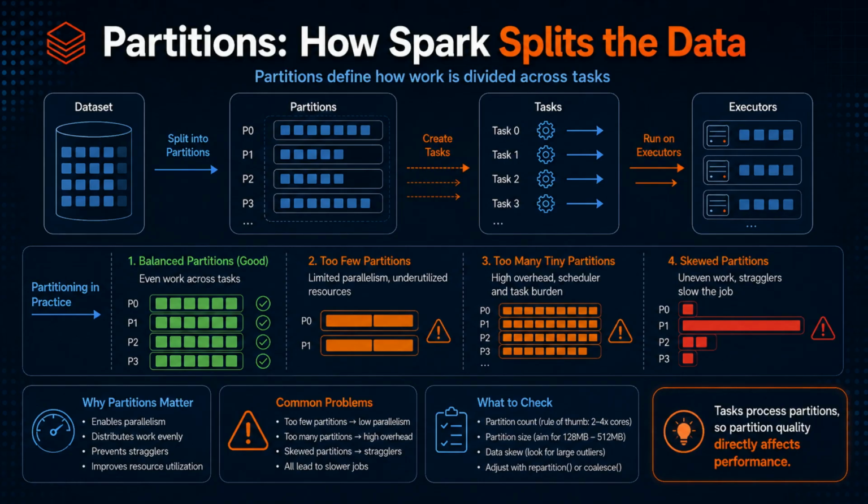If there are too few partitions, Spark has limited parallelism and resources may stay idle. If there are too many tiny partitions, Spark creates too much scheduling overhead. And if partitions are skewed, one task may receive much more data than the others and become much slower than the rest. Tasks process partitions, so partition quality directly affects performance.